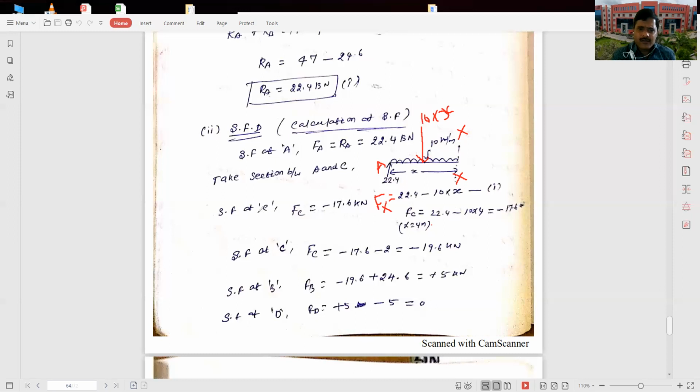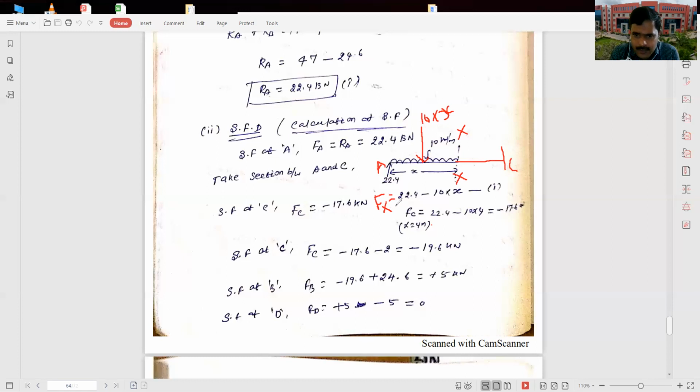Now you want shear force at C, Fc. At point C, what is the X value? 4 meter, isn't it? From A to C, the distance is 4 meter.